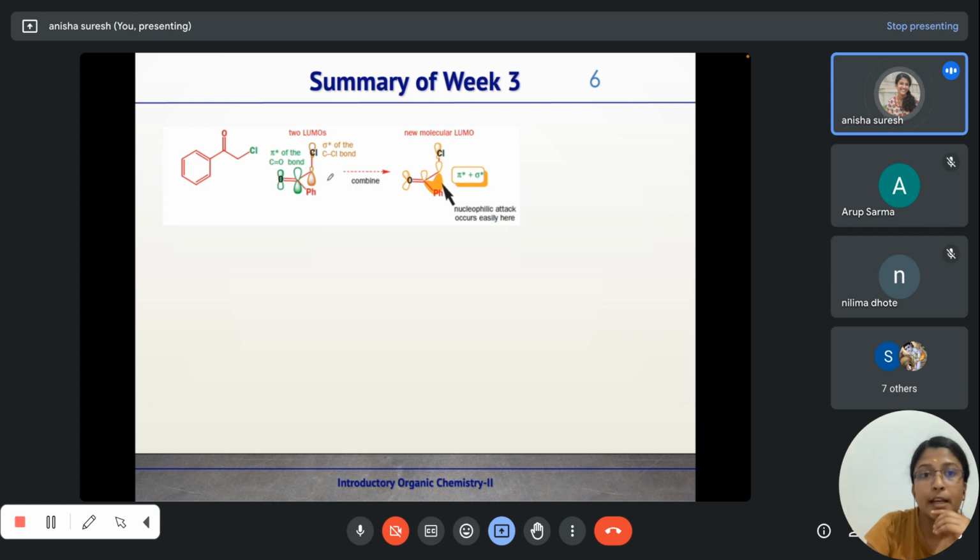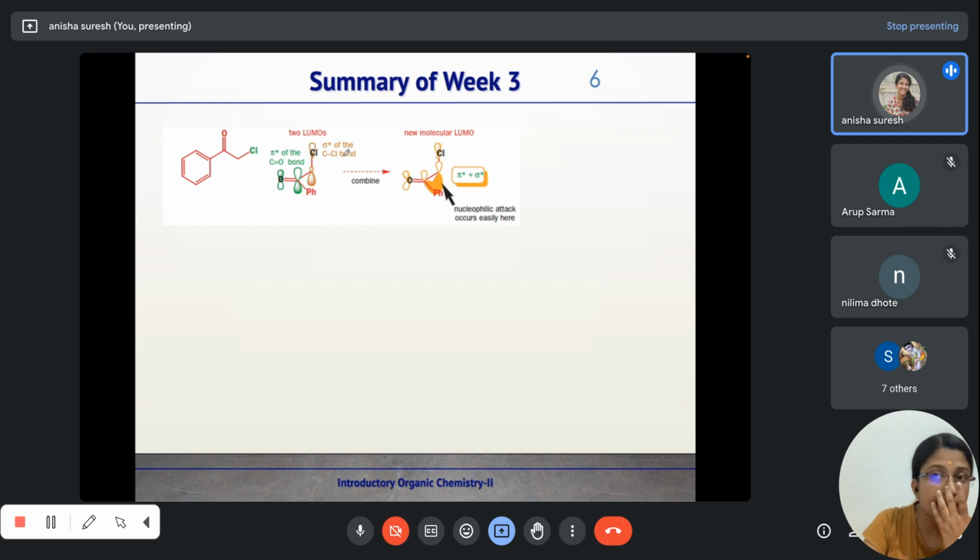Now coming to another case, where an SN2 reaction is taking place for a compound having a benzoyl group attached to it. So what is happening here? This is the pi star of the C=O double bond, and this is the sigma star of the C-Cl bond.